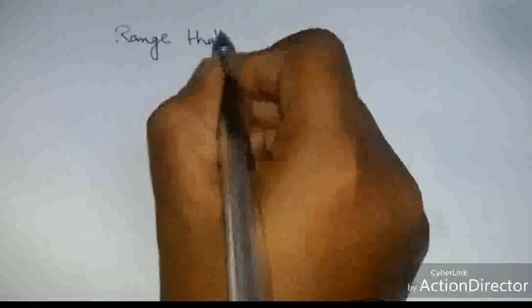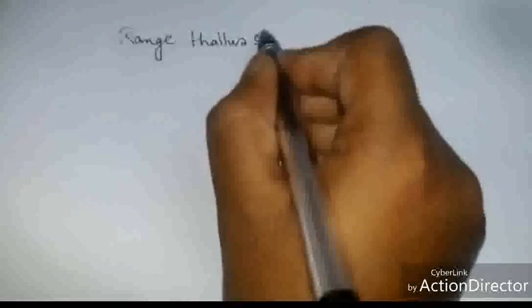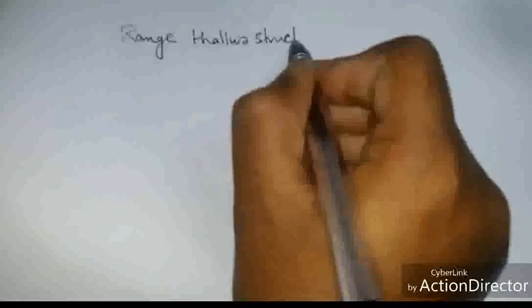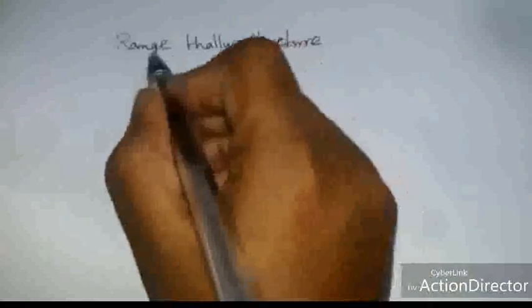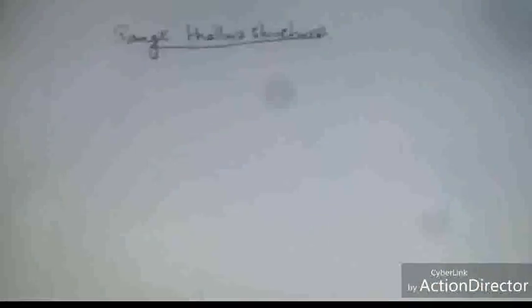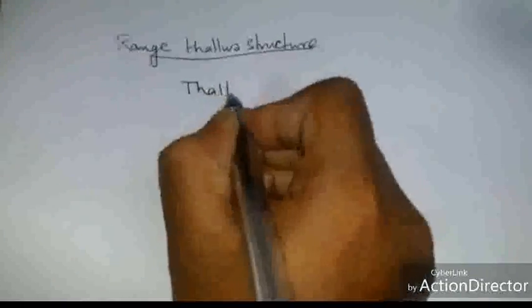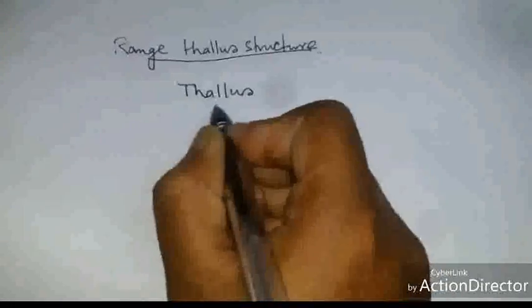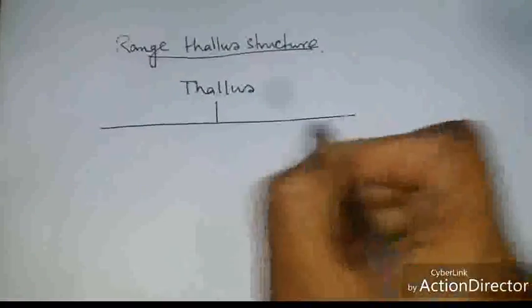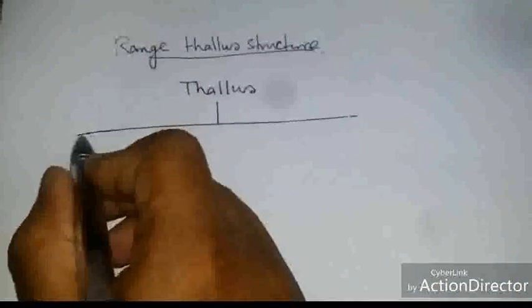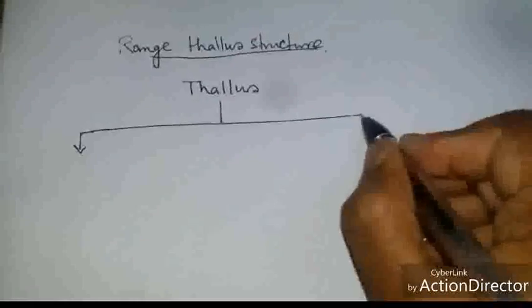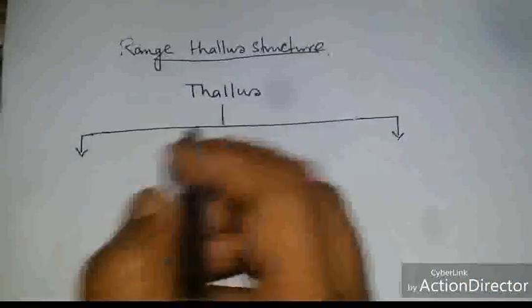Now, range of thallus structure in algae. At first, a thallus is divided into two groups.